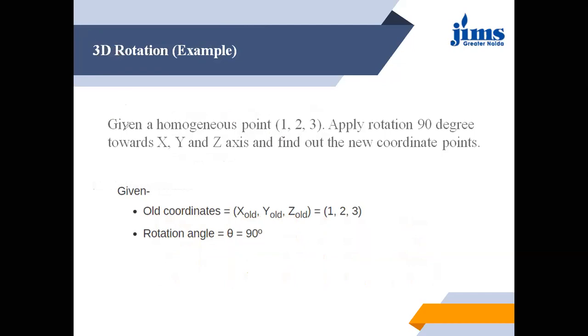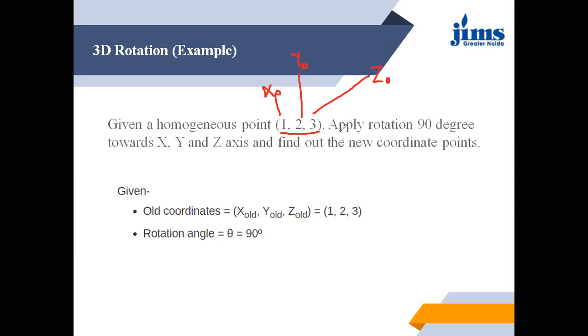So given a homogeneous point 1, 2, and 3, meaning the value of x old is 1, y old is 2 and z old is 3. These three values are given till now.